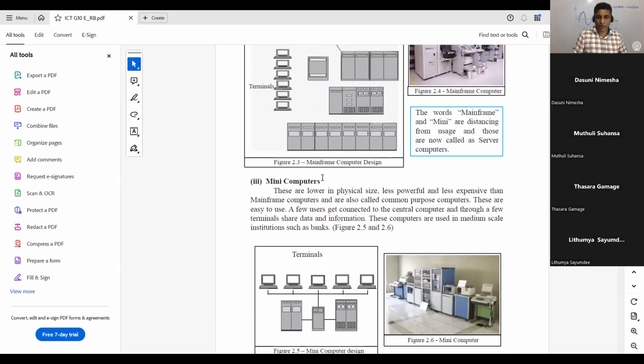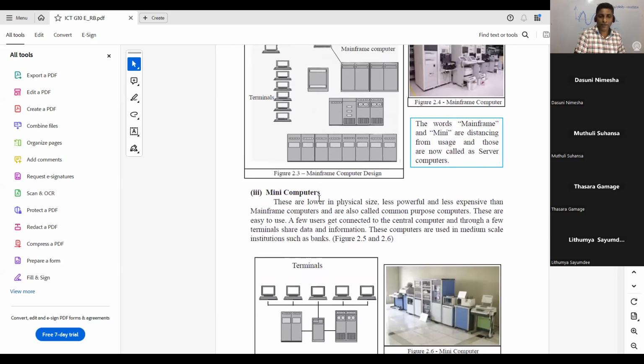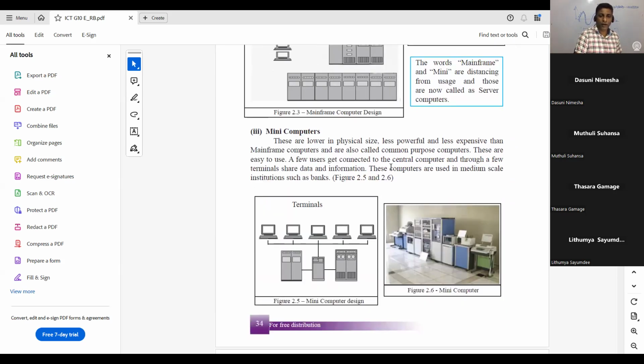So minicomputers, still low in price, right? Compared to the first two, less powerful, less expensive than the mainframe computers. Those are very common, commonly you can find minicomputers. Like the client-server computer terminology comes with the minicomputers, right?